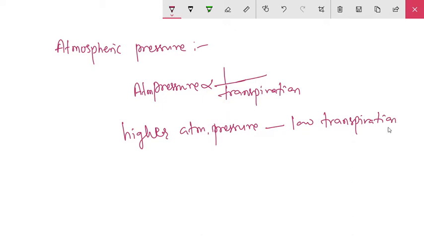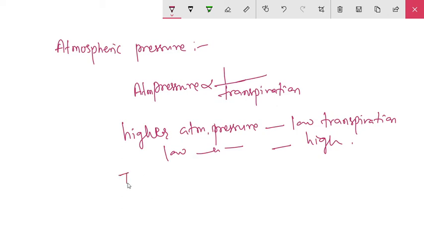The rate of transpiration is low because of the increase in density of the air. But if the atmospheric pressure is low, the rate of transpiration is high. Low atmospheric pressure, high rate of transpiration, and due to that the relation is inversely proportional.